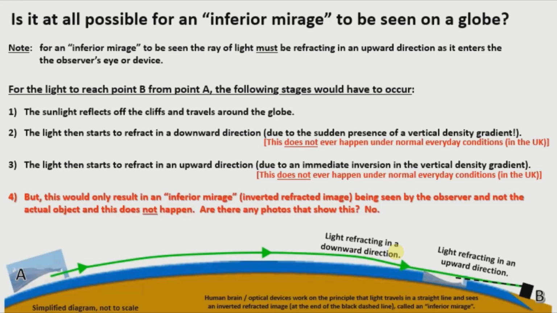The light then starts to refract in an upward direction due to an immediate inversion in the vertical density gradient. This does not ever happen under normal everyday conditions in the UK. 4. But this would only result in inferior mirage, inverted refracted image, being seen by the observer and not the actual object, and this does not happen. Are there any photos that show this? No.